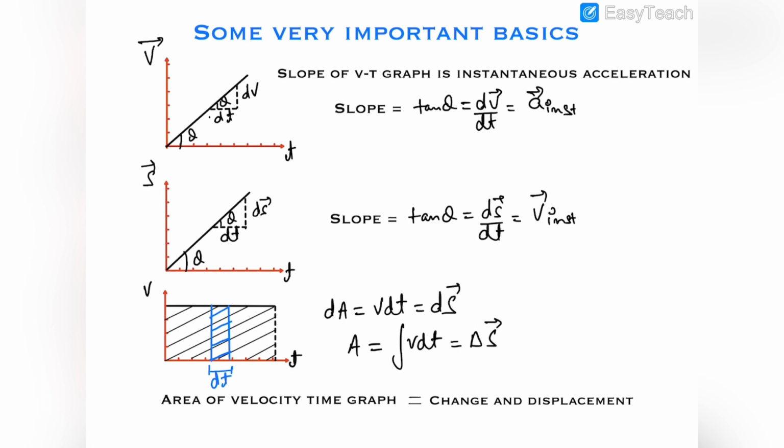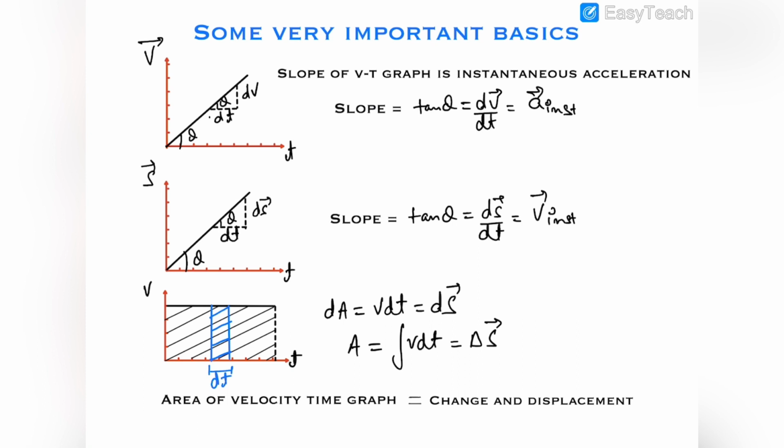So the meaning of differentiation in graphs is slope. So for graphs, I would be talking about slope instead of differentiation, and therefore I can say that the slope of VT graph is the instantaneous acceleration.